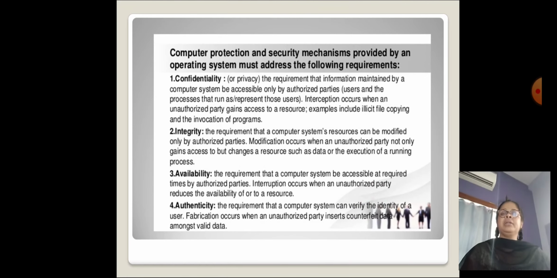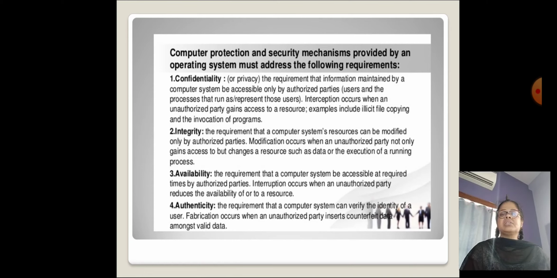Computer protection and security mechanisms provided by an operating system must address the following requirement: confidentiality or privacy. This is the requirement that information maintained by a computer system be accessible only by authorized parties, users, and the processes that run on behalf of those users.